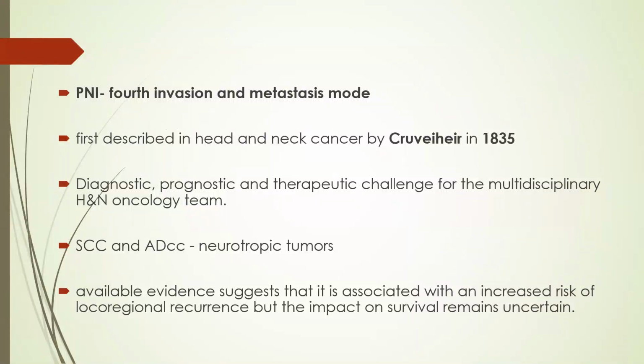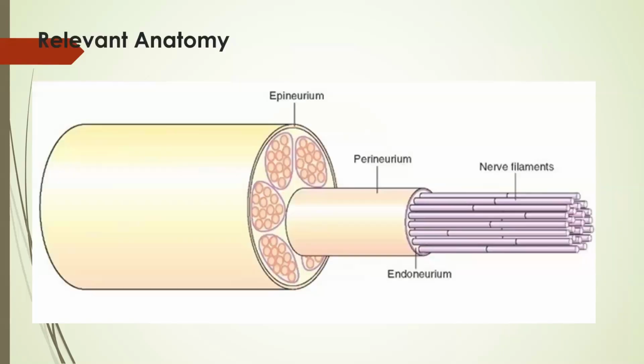There are multiple diagnostic, prognostic, and therapeutic challenges for the multidisciplinary team in detecting perineural invasion. Squamous cell carcinoma and adenoid cystic carcinoma are generally considered to be neurotropic tumors, and available evidence now suggests that there is increased risk of locoregional recurrence, but the impact on survival is still uncertain.